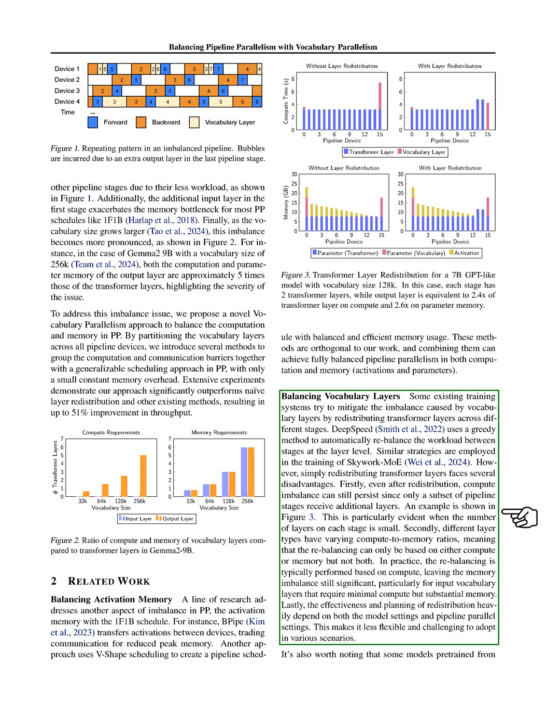Additionally, different layer types have varying compute-to-memory ratios, making it challenging to balance both effectively. Often, rebalancing focuses on compute, leaving memory imbalances, particularly for input vocabulary layers, unaddressed. The effectiveness of redistribution also depends heavily on model and pipeline settings, making it less adaptable.